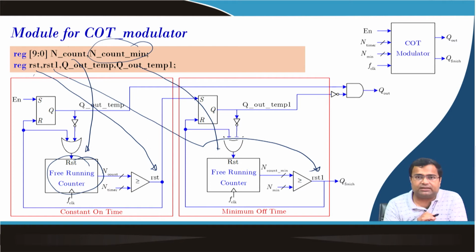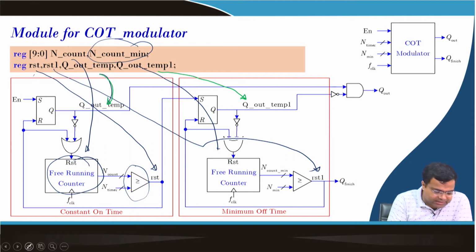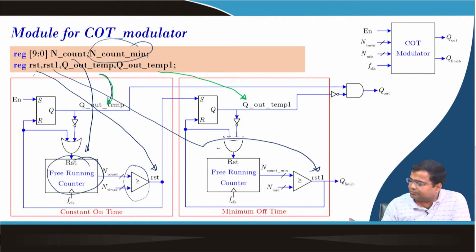These two are registers, and they will generate the change whenever the comparators change. And there is Q temp, you can see this is the signal. Let me use a different color; this is the signal, and Q temp is this signal. Okay. Here we want to erase this.